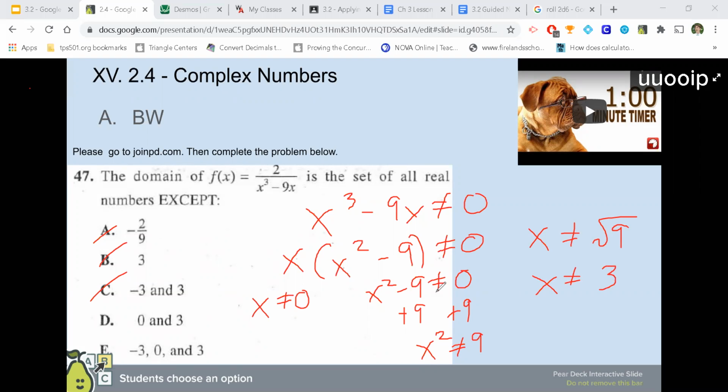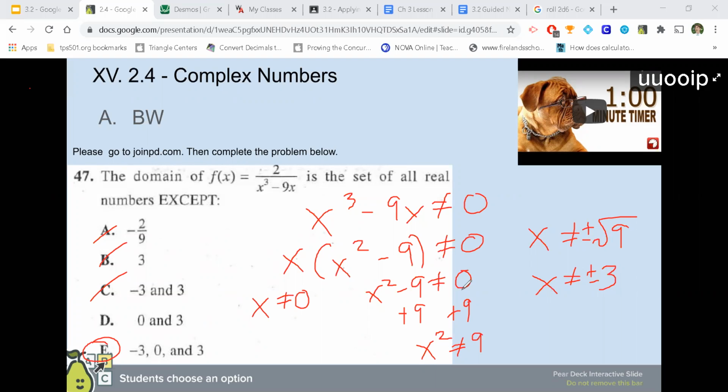That's wrong. What's wrong? It is a plus or minus. That's why this is the 13th hardest question on the ACT. Whenever you get rid of an x squared, we have to put the plus or minus, because 3 times 3 is 9, but -3 times -3 also makes positive 9. So the answer is E.